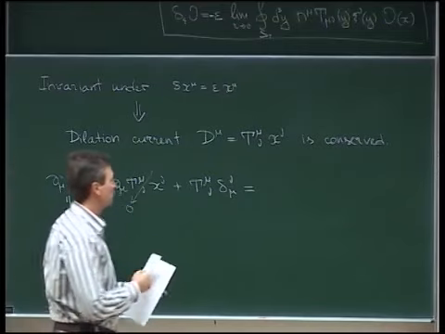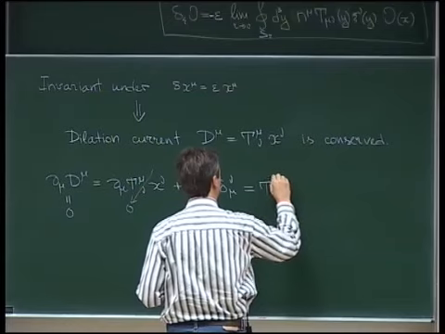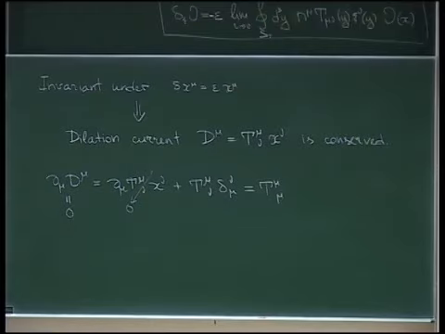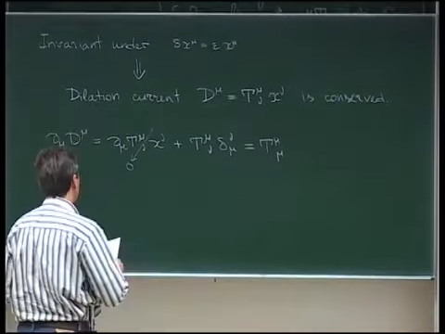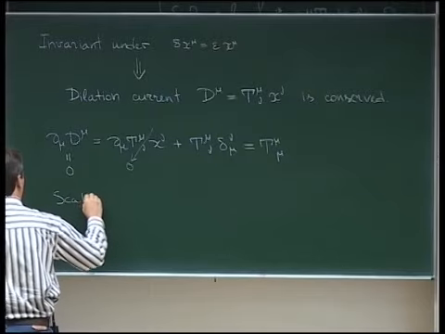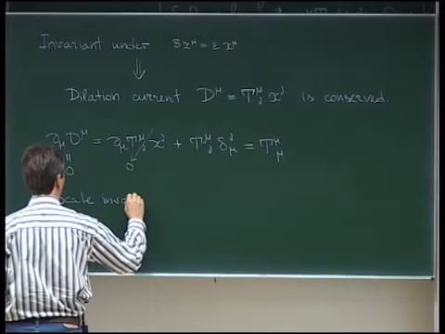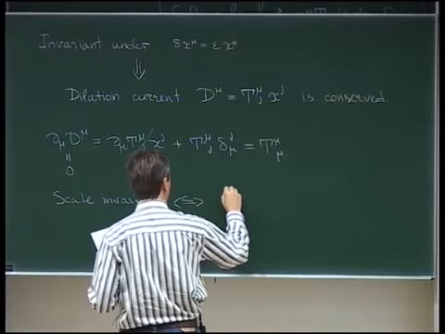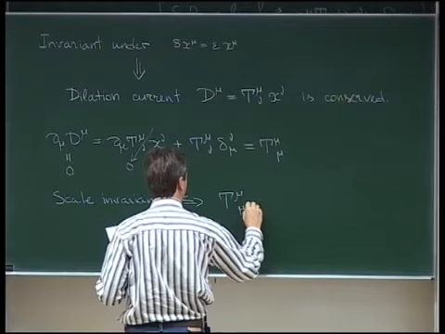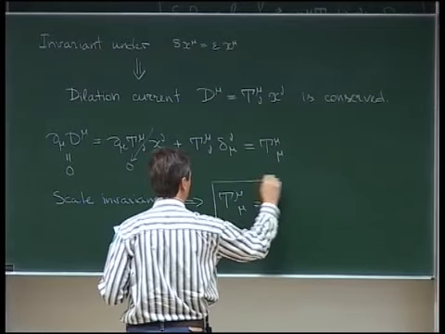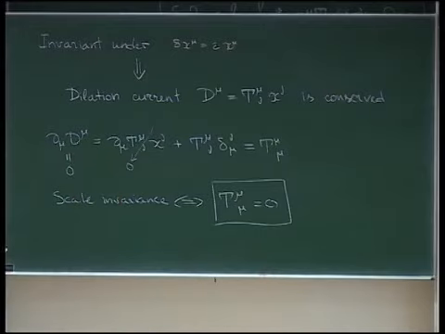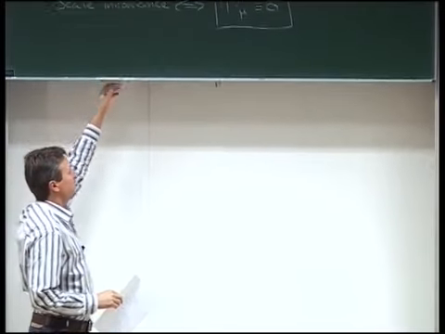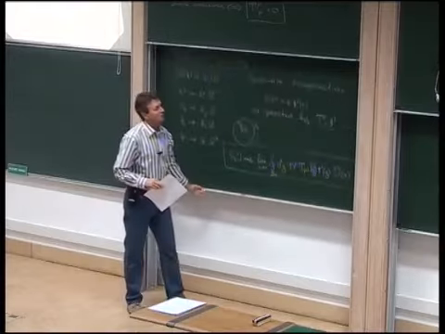So only this term survives, and it's equal to the trace of the energy momentum tensor. So we conclude that scale invariance is equivalent to the tracelessness of the energy momentum tensor. So in any scale invariant theory, the energy momentum tensor is traceless.